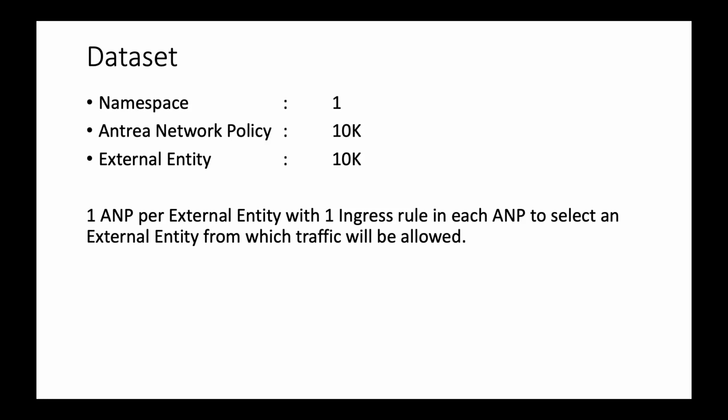In each group, there are two external entities and two Antrea network policies. Let's say external entity A and B, Antrea network policy A and B in one group. Antrea network policy A is applied on external entity A to accept the incoming traffic from external entity B. Similarly, Antrea network policy B is applied on external entity B to accept the incoming traffic from external entity A. So this is in one group, and there are a total of 5,000 groups.